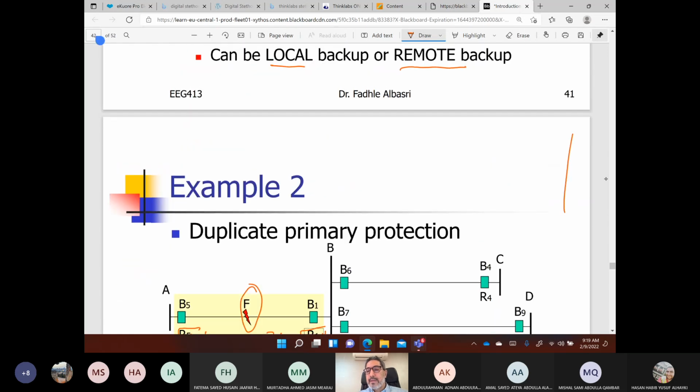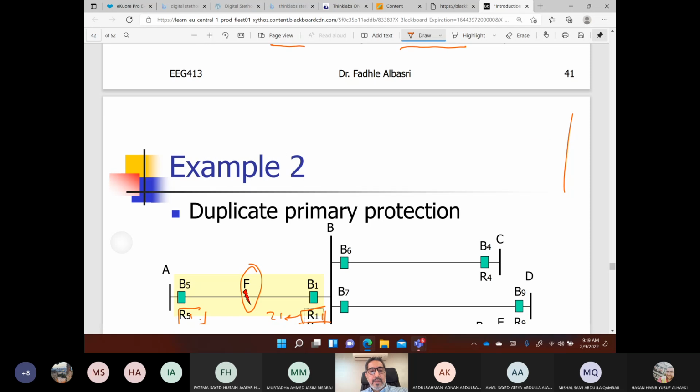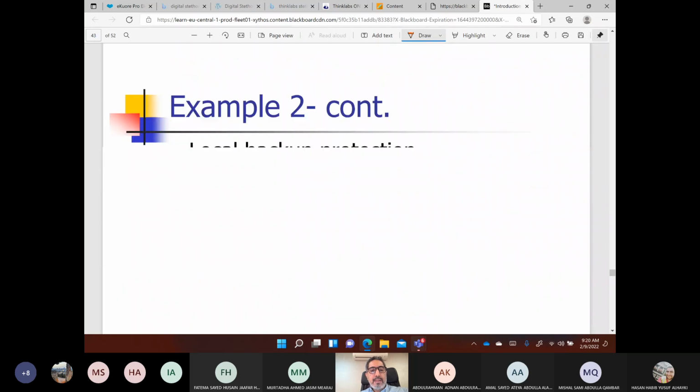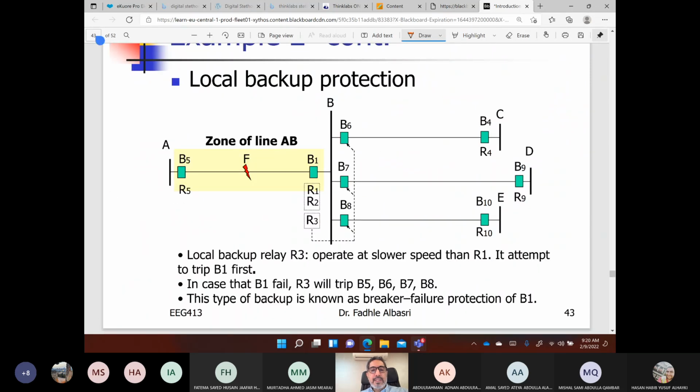I already explained this is the local backup protection, which is breaker failure.